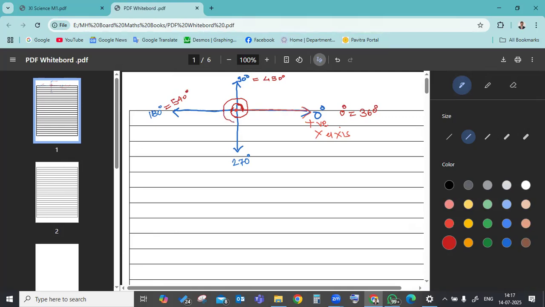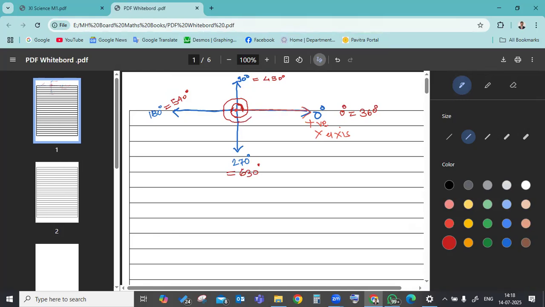Again, we rotate by 90 degree, then it will be 630 degree, right? So 270 degree is same as 630 degree.